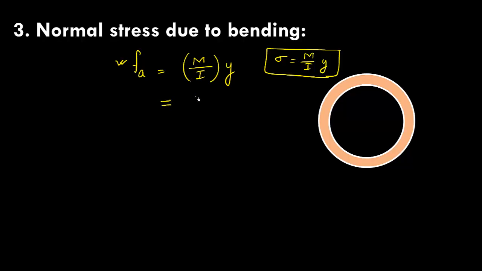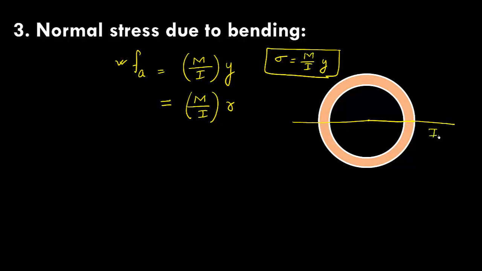So this is M by I, and the Y distance is the distance from center to the belt, that is the outer radius. In this case, this distance is R, and I is the moment of inertia about this axis.